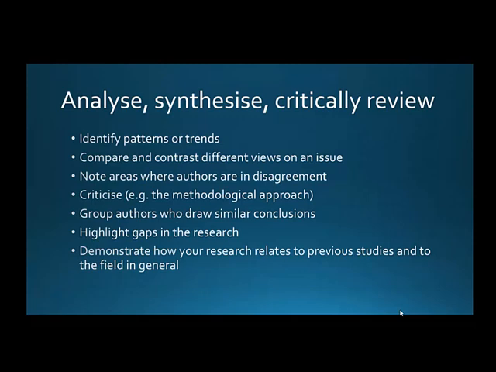The synthesis will involve grouping authors together who form similar conclusions or discuss similar themes. We've talked about gaps in the research. That's obviously happening in the analysis as well. You're highlighting where your research might fit in, what is the rationale for your research, and how does your research relate to these studies that have already been conducted.